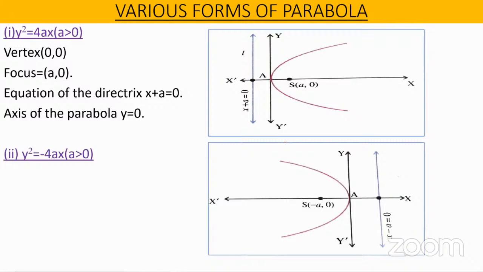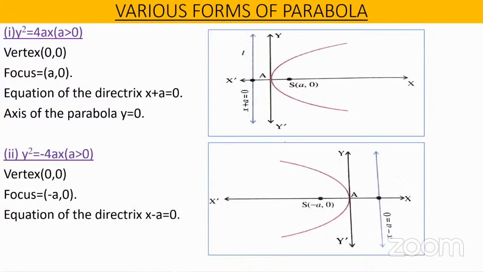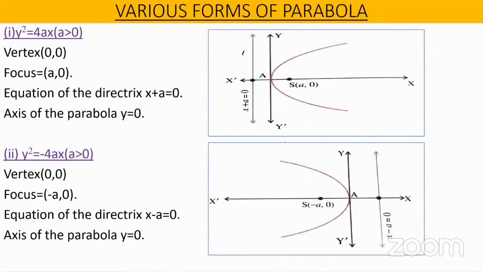Here the vertex is 0 comma 0, the focus is minus a comma 0, the equation of the directrix is x minus a equal to 0, and the axis of the parabola is y equal to 0.